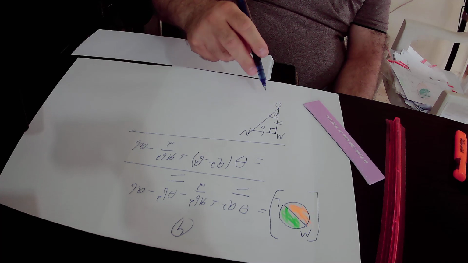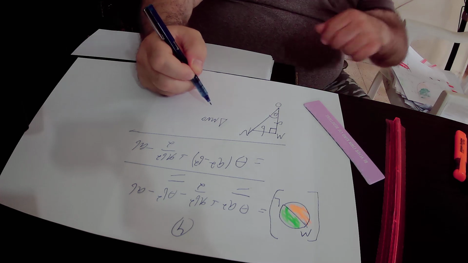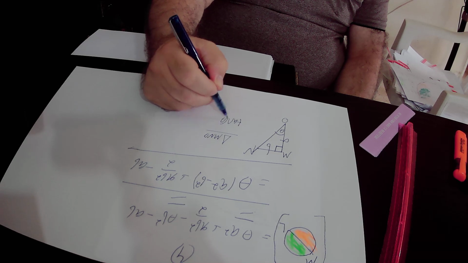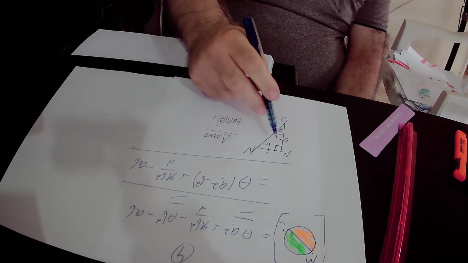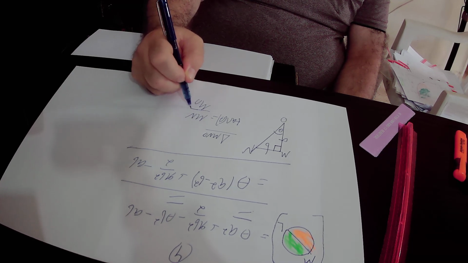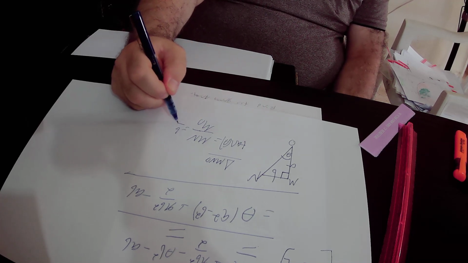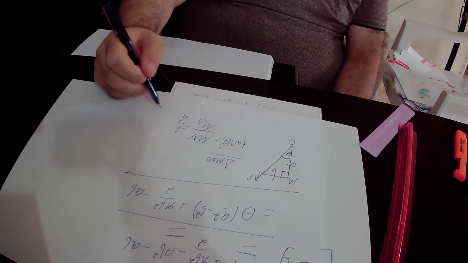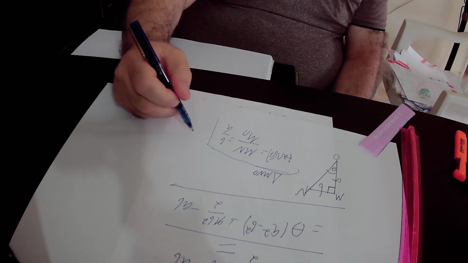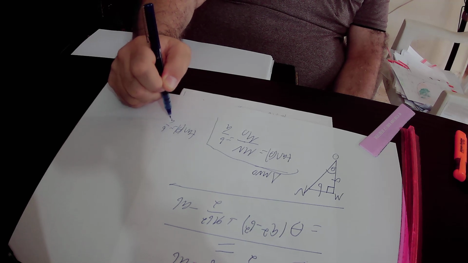The right triangle MNO, it's very easy to see that tangent theta equals MN over MO. Okay, MN equals B, MO equals A, so in conclusion we found out that tangent theta equals B over A.